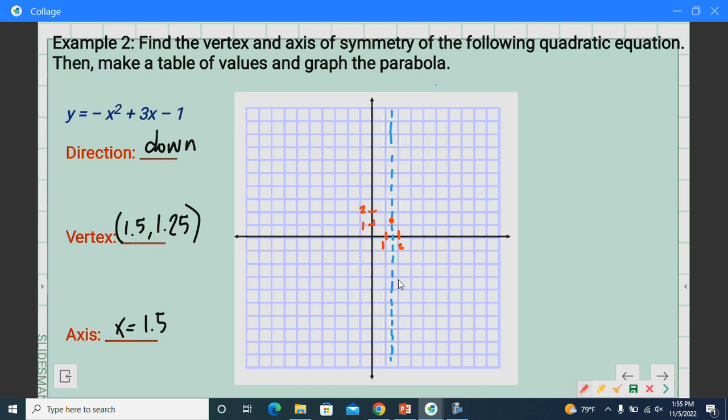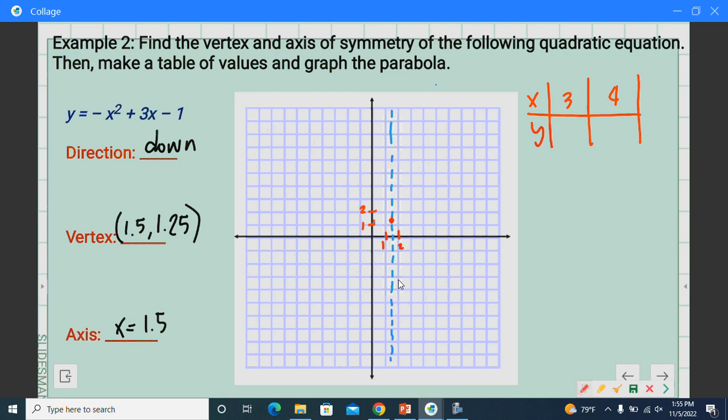Next, let's have the table of values. Let's just have the x and y. Let's have 3 and 4. Let's plug it in.